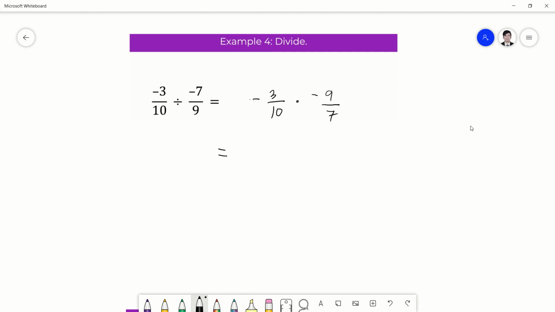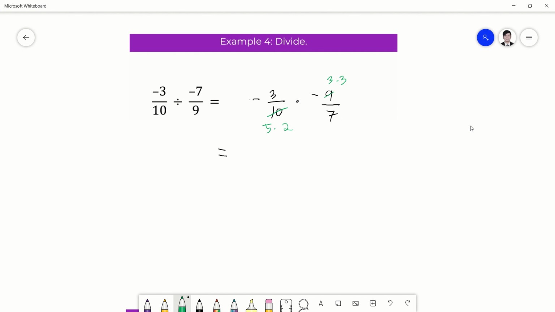Now, looking at the example, the factor of 9, when you try to factor it out, is just 3 times 3. And 10 is 5 times 2. And all of them are already prime numbers, meaning that's the best that we can do when we try to factor them out.